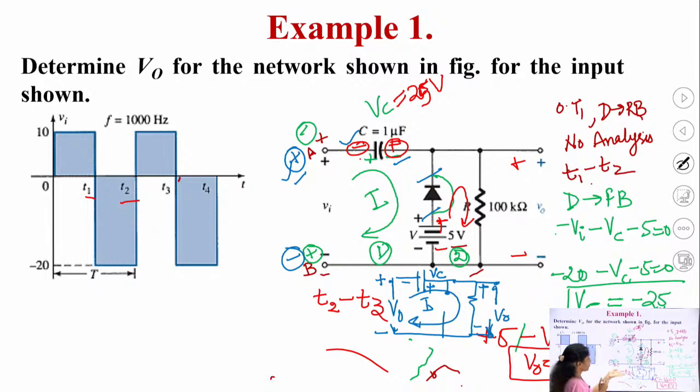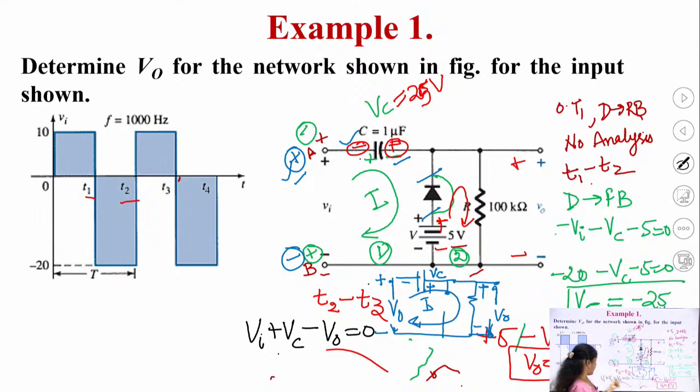So, if I write the KVL here during T2 to T3 using this equivalent circuit, it will be V input plus Vc minus V naught is equal to 0. Vc is equal to 25 volt.